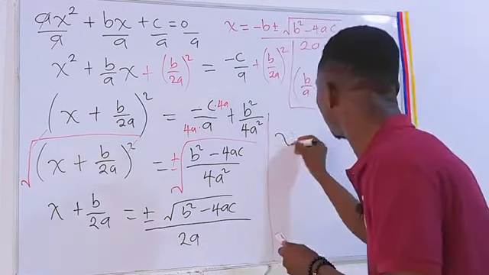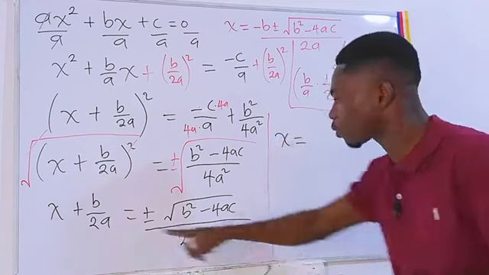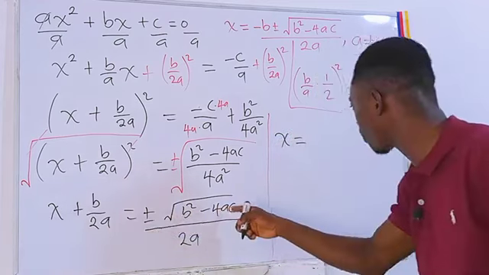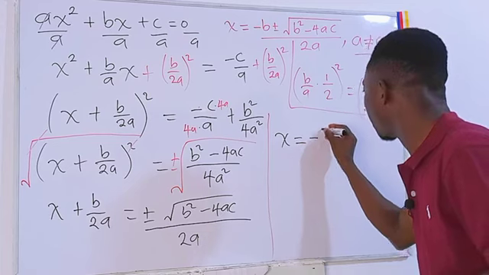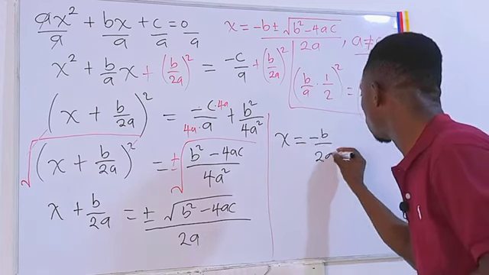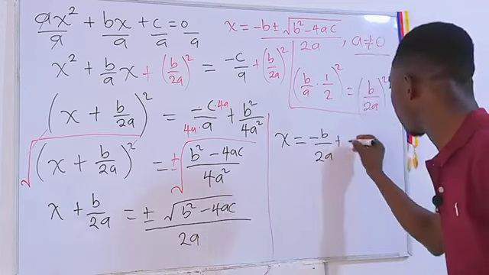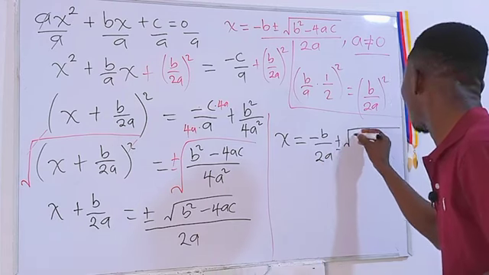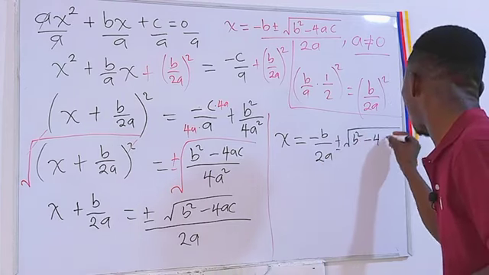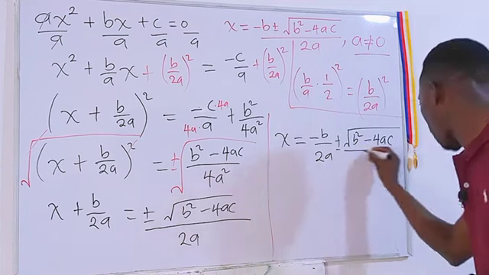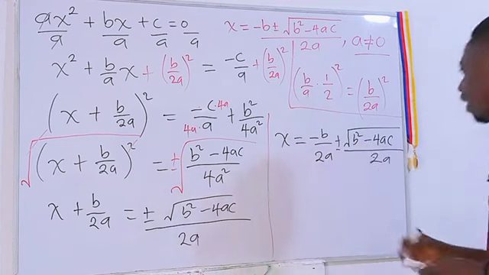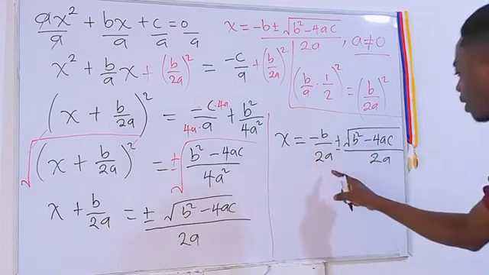So I'm just going to write it here. We have x is equal to, this is positive, if it comes here, it will be minus b over 2a, then plus or minus square root of b squared minus 4ac, all divided by 2a. We have two different fractions with the same denominators.